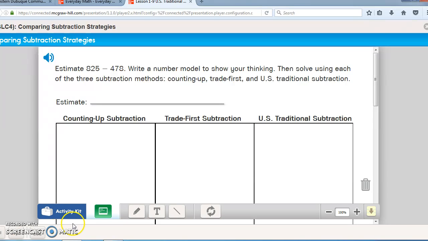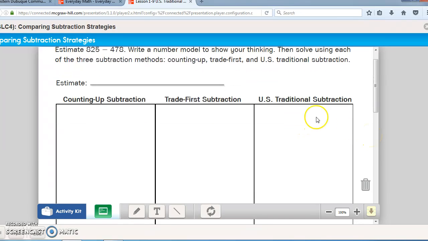Counting up subtraction, trade first subtraction, and U.S. traditional subtraction. Let's look at all three of these so you can see the difference. So to estimate 825, the 5 is telling me to make that 2 go up to a 3. So my estimate is going to be 830.